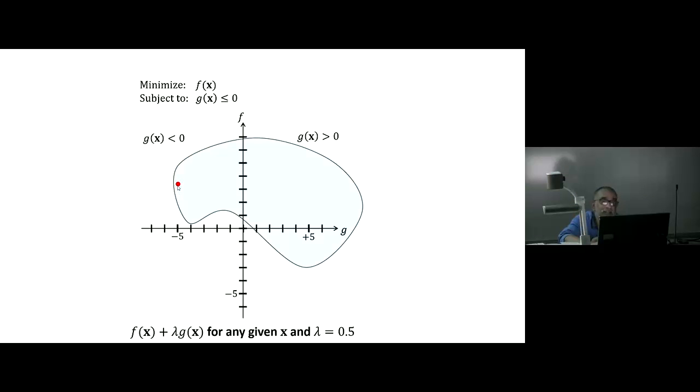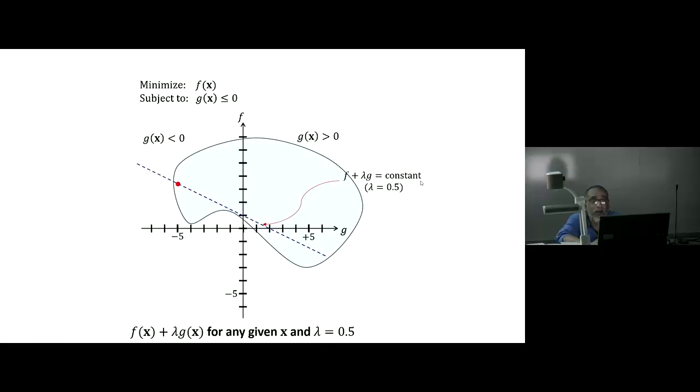So this is f(x) plus lambda g, (f(x), lambda g(x)). This is the point. What we do is, we draw a straight line passing through that point, the equation of the straight line being f plus lambda g equals constant.